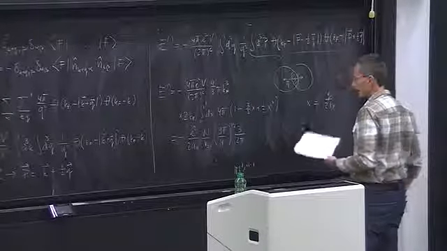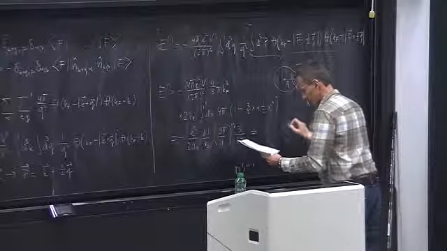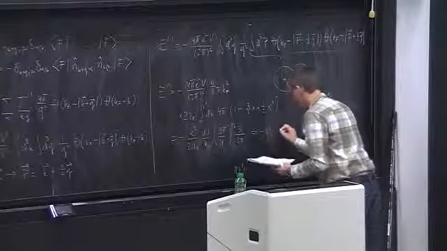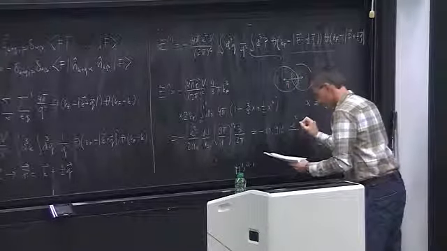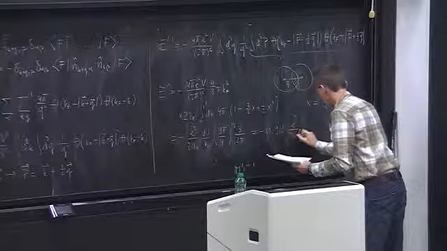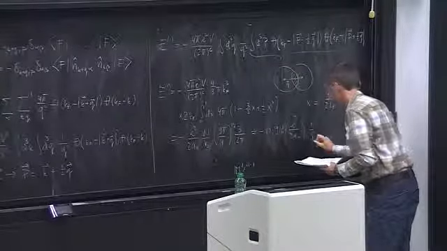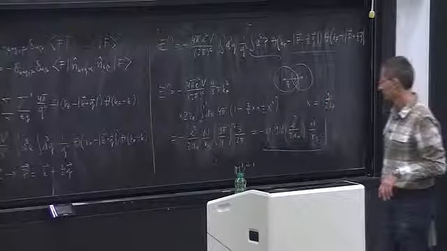And if one evaluates these various constants, this can be expressed as minus 0.916 e squared over 2a naught times n over rs.